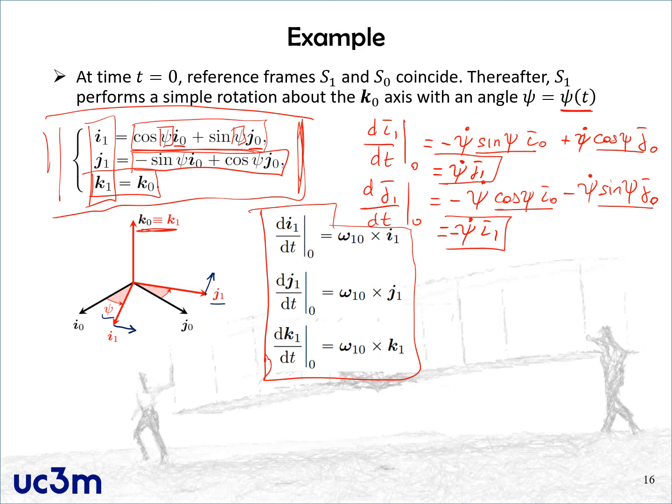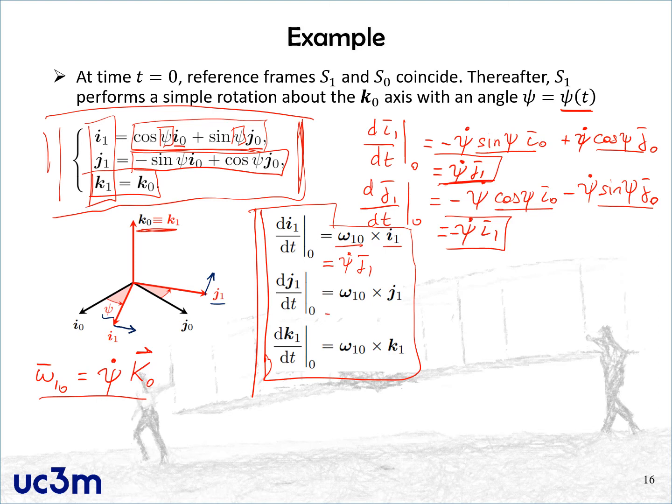If you define your angular velocity vector with the magnitude of the rate of change, psi dot, and the direction of the rotation axis, k0, you observe that this indeed satisfies the relations here. Okay, so if you take the cross product of this omega defined in this way with I1, the result is of course psi dot J1, as we obtained by taking derivatives. Okay, so it makes sense.